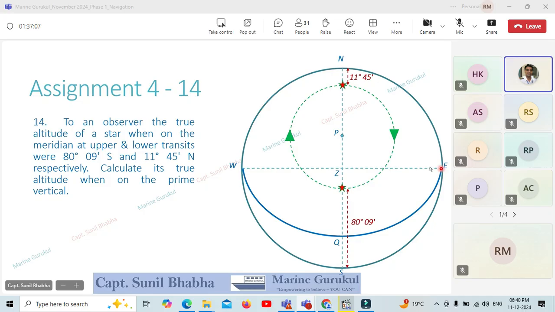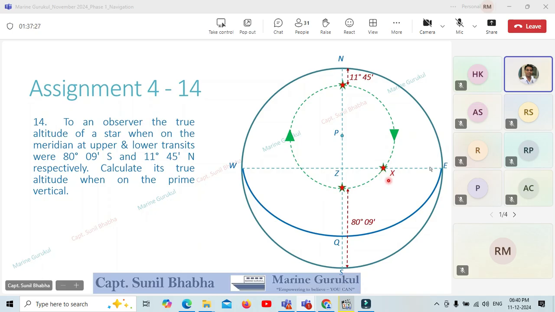So we now need to know the altitude of the star when it is on the prime vertical. So when the star is moving on its declination circle, it is going to cross the prime vertical at this particular location. So we have marked the same star when it is on the prime vertical.